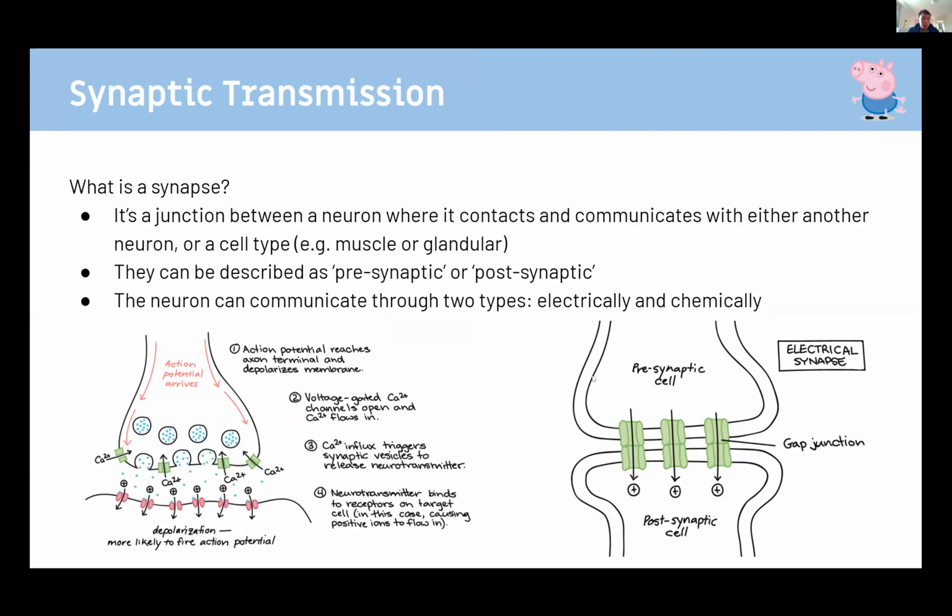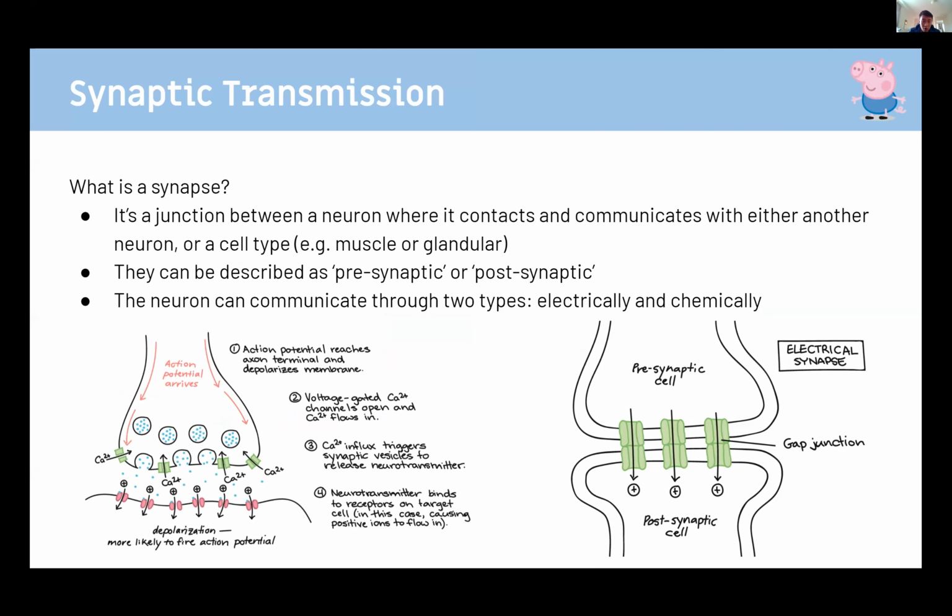So now we'll be talking about synaptic transmission. First of all, what is a synapse? A synapse is basically where one neuron touches another neuron or another cell. It's a junction where a neuron contacts and communicates with either another neuron or another cell, so that might be a muscle cell or maybe a glandular cell.